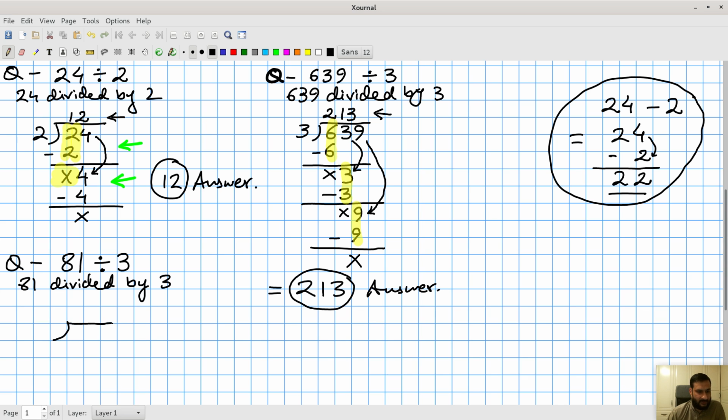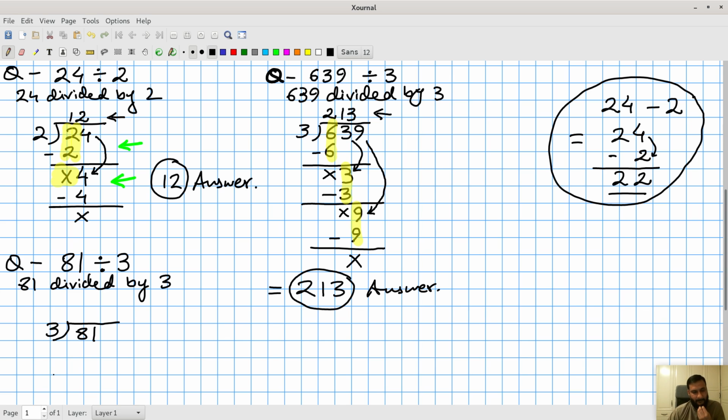We just draw the division symbol, we write 81 inside, we write the divisor outside, which is 3. And then we take the first number, which is single digit. Since the divisor is single digit 3, so we take the first digit 8, sorry, and check if it is greater than or equal to 3. So we see that it is greater than 3.